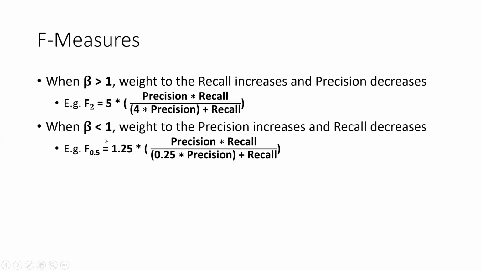When beta is less than 1, precision increases and the recall decreases. Right? For example, for the 0.5 measure, you get 1.25 times precision times recall divided by 0.25 times precision plus recall. Right? So there are some examples for F measures.